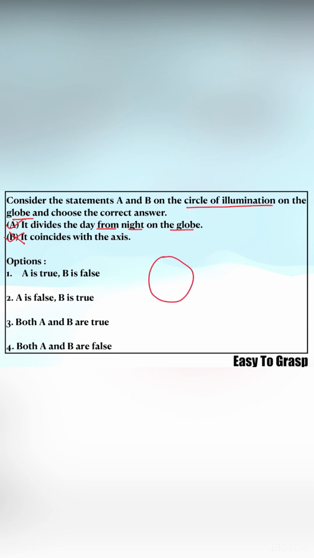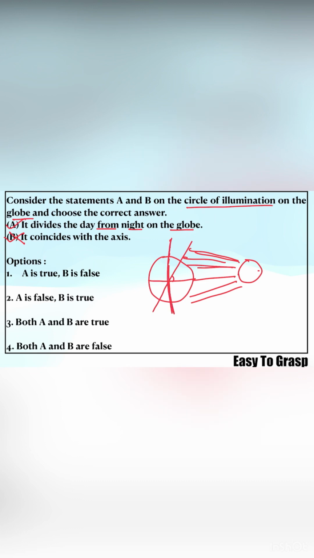If this is the earth, we know that this is the axis of the earth, bent slightly, and when here it will be the sun, the sun's rays will fall like this and the circle of illumination will be made here.